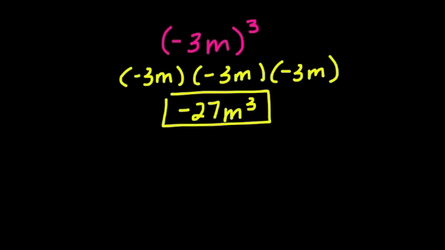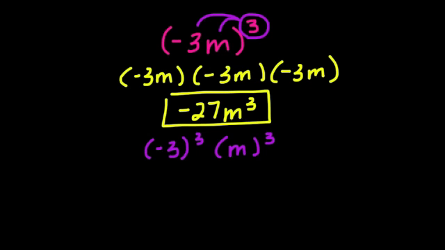The other way to do it using the exponential rule is to take this exponent here and distribute it to both sets of parentheses, or both things in the parentheses, I should say. So really I could write this as negative 3 to the third power as well as m to the third power. When I do that, I'd take my number, negative 3 to the third, and again, negative 3 times negative 3 times negative 3 is still negative 27.